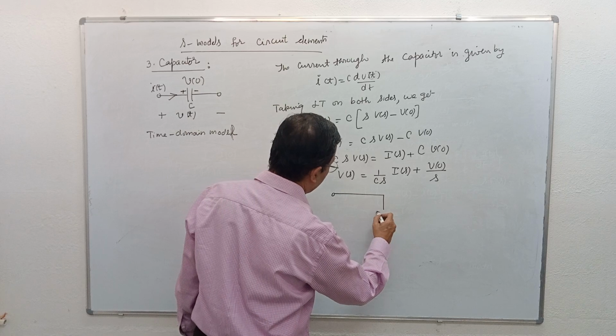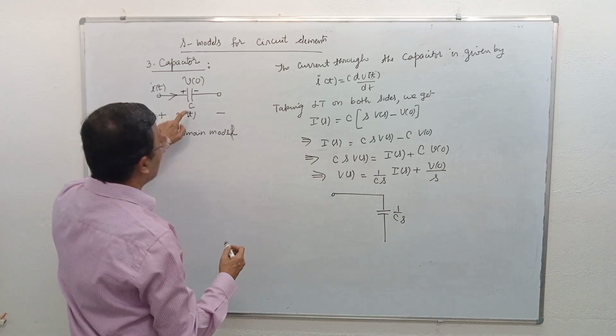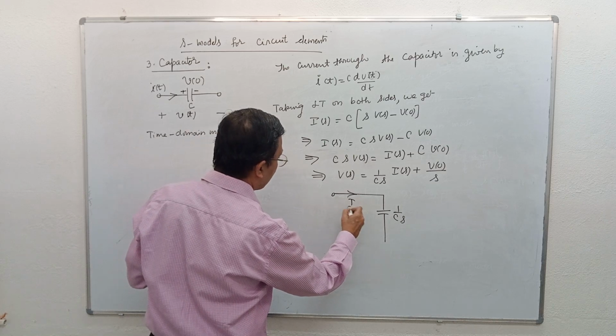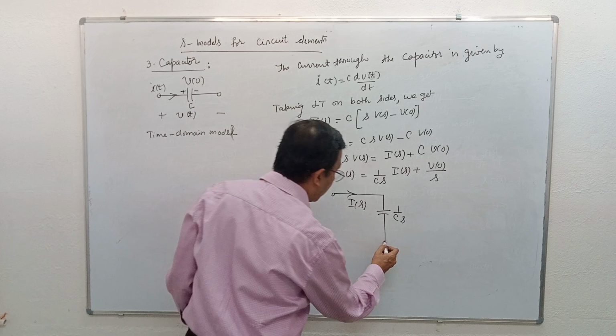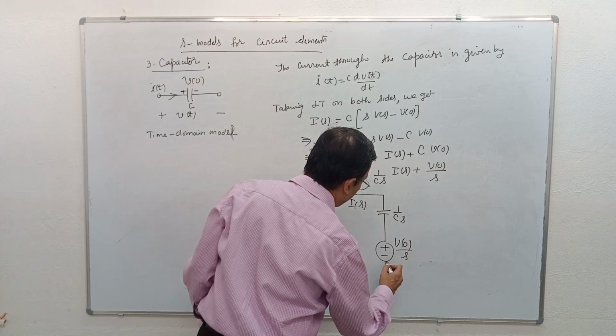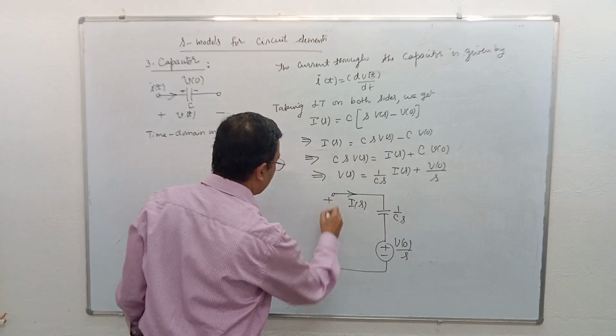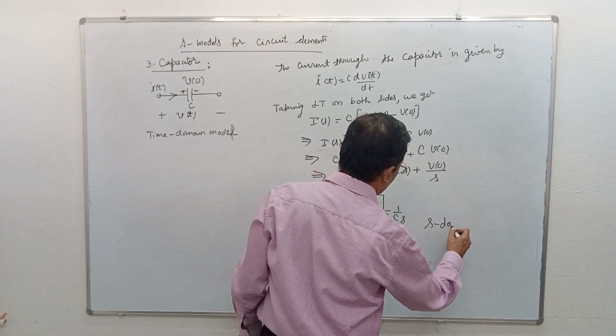The electrical circuit looks like this. C becomes 1 by Cs. This initial voltage v(0) becomes a voltage source v(0) divided by s.